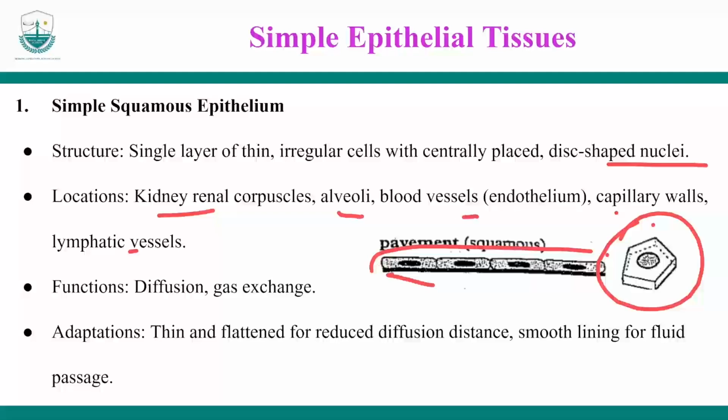Because of that, we can say this type of epithelium is very important in gaseous exchange, but also exchange of materials. The key thing is that it is very thin and flattened.